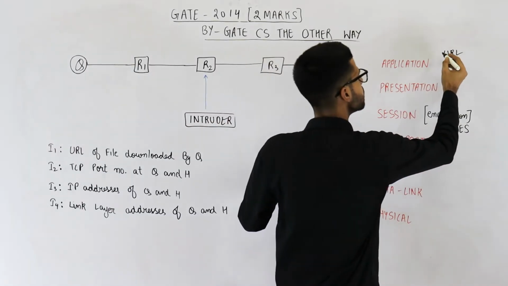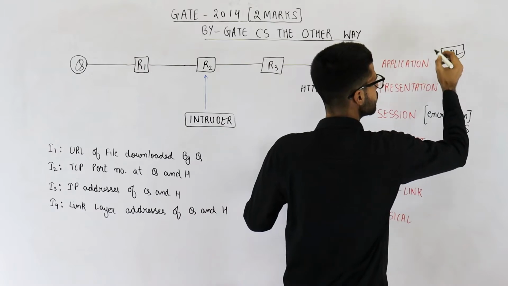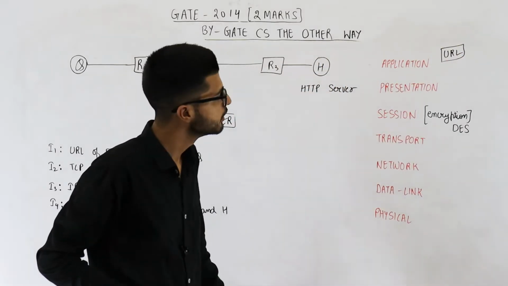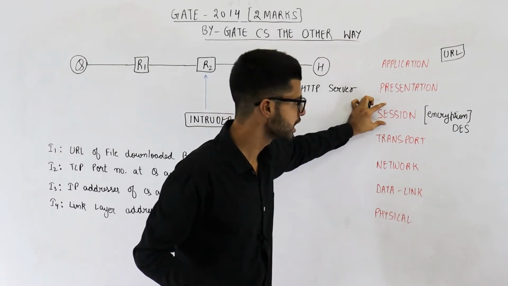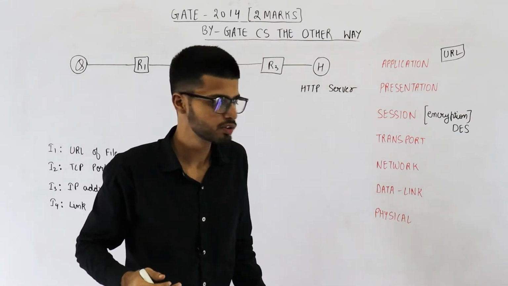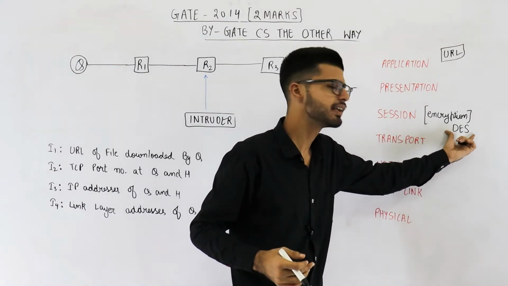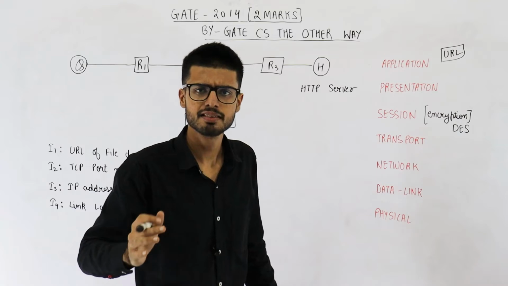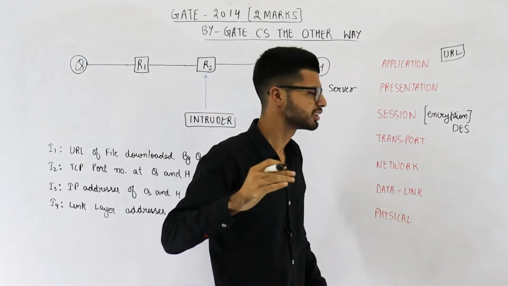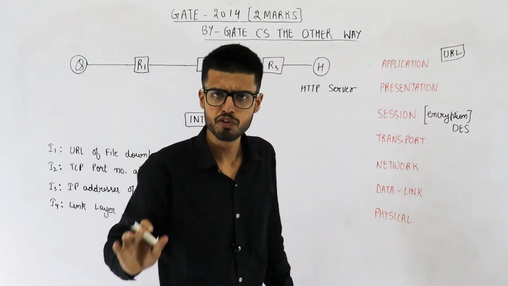So a message will be prepared and that URL will be placed inside this message. This message will be given to lower layers. When it reaches session layer, encryption will be used. You don't need to know the details about this data encryption scheme. AES, DES, MD5 and SHA, all of these algorithms are removed from syllabus.